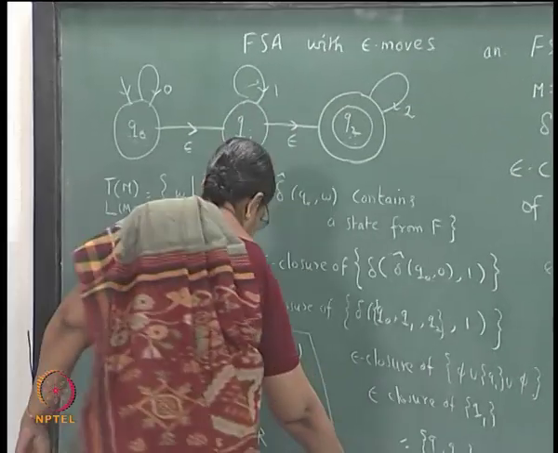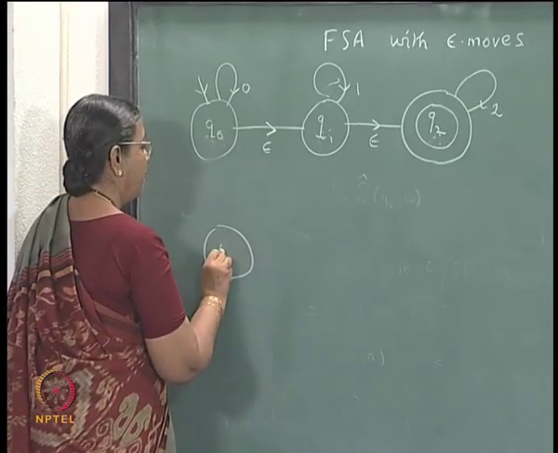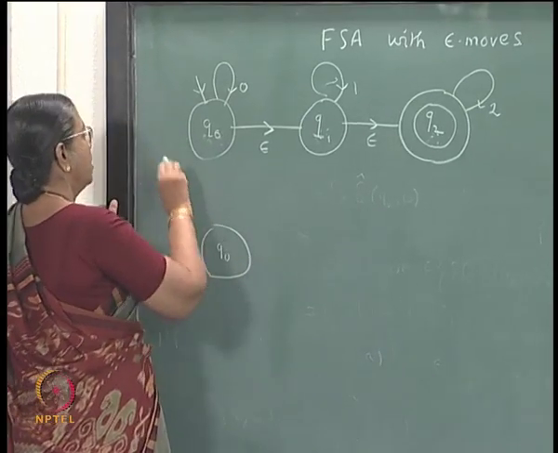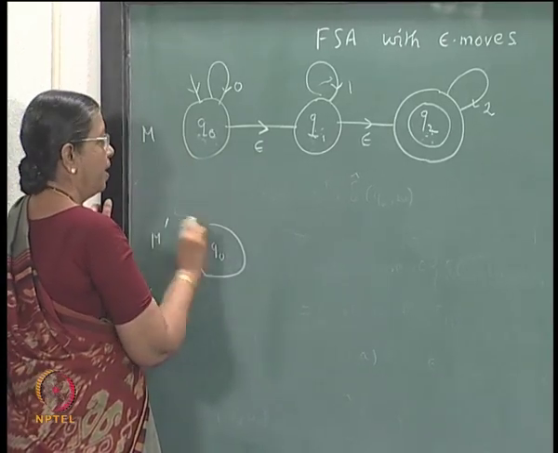So, let us look at this example. The set of states are the same. This is M. How do you construct M dash?